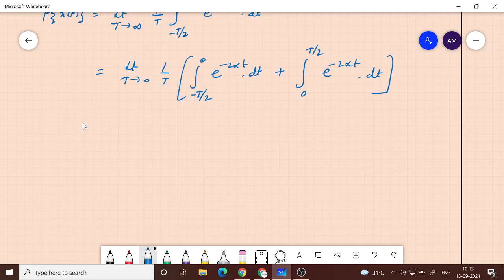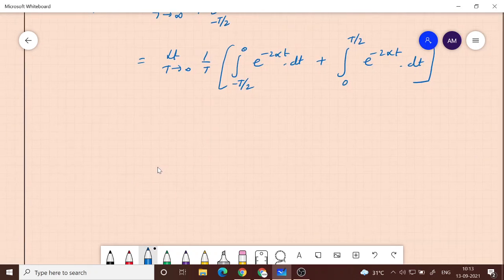So there are two terms basically. Let us split it into two parts. Let me evaluate the second term first.